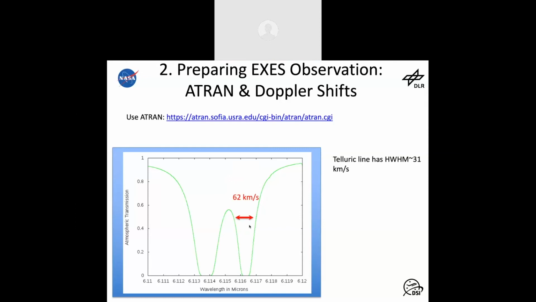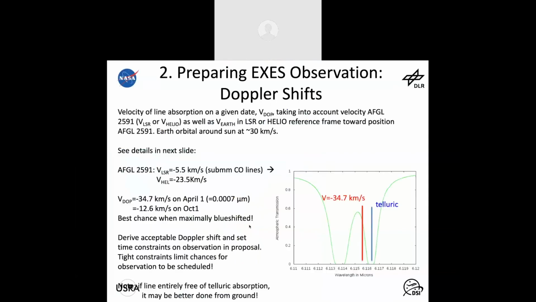So in order to get some kind of decent chance to get any signal off of this, you need to have a separation of about 31 kilometers per second, either blue shifted or red shifted off of the rest line position. The consideration you have to make is what the systemic velocity of the source is. So look in the literature, find an LSR velocity, and convert it to a solar system rest frame velocity.